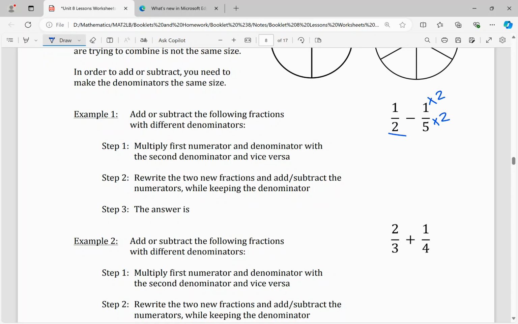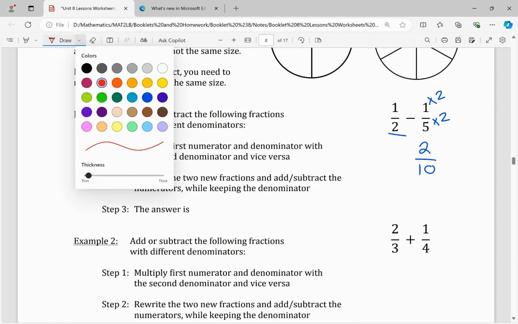So 1 times 2 is equal to 2, and 5 times 2 is equal to 10. We call 1 over 5 and 2 over 10 equivalent fractions. We're going to talk more about this in a future lesson.